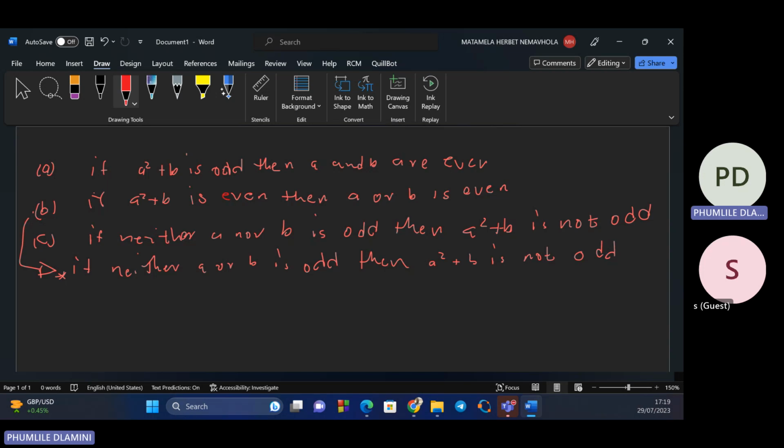It says if either A or B is odd, then A plus B is odd. If either A or B is odd, then A squared plus B is. Okay, yes.